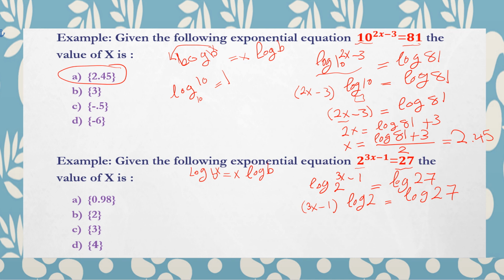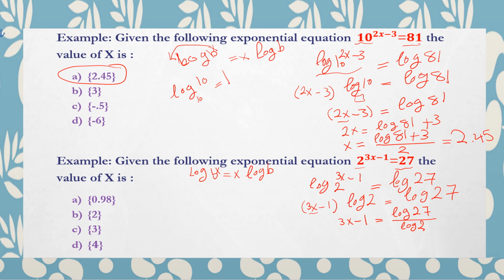And as we want x only on the left hand side and the numbers on the right hand side, this equals 3x minus 1 equals log 27 over log 2.